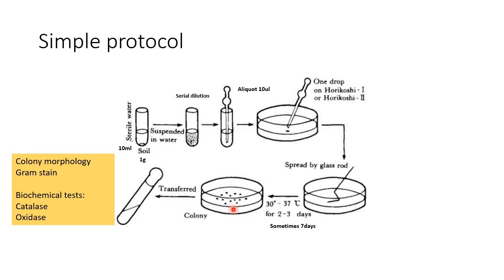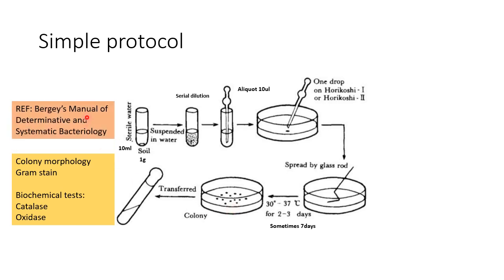You can check that as well. After that, you should refer to Bergey's Manual of Determinative Bacteriology and try to identify at least till genus level. You may also take help from systematic bacteriology to know more about what kind of culture it is, whether it is bacterial or archaeal.